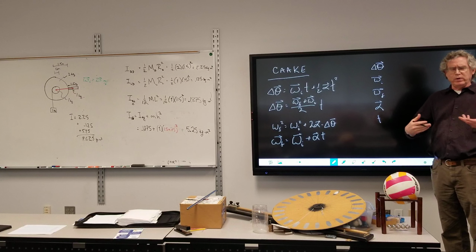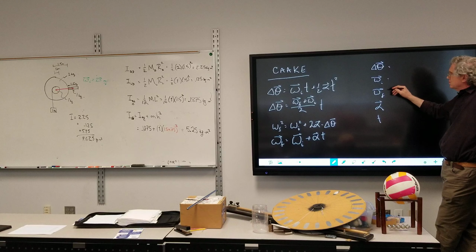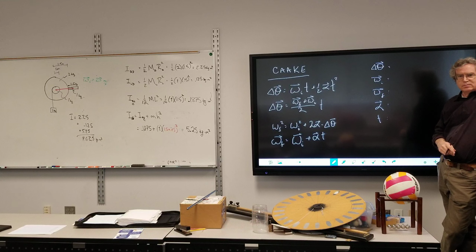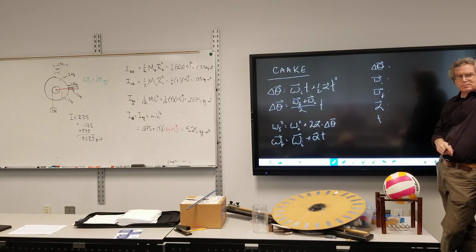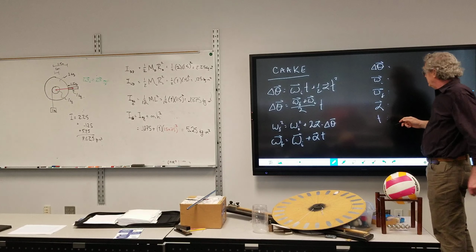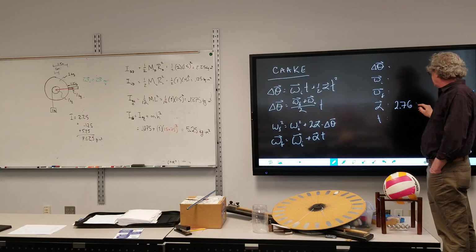All right, so given the problem, what do we know? Let's put down what we do know first. We know alpha, which is 2.76 radians per second squared.